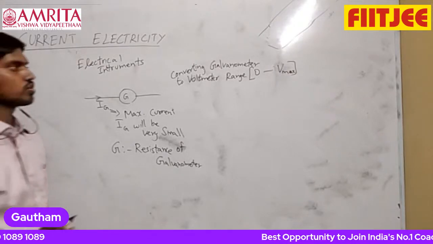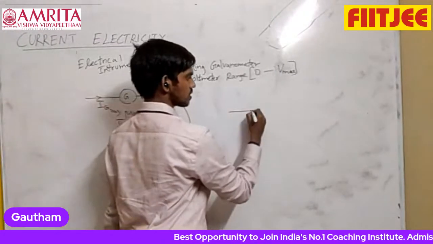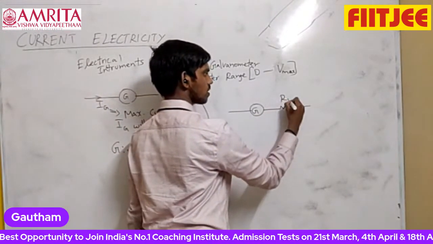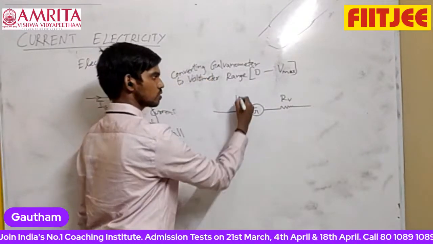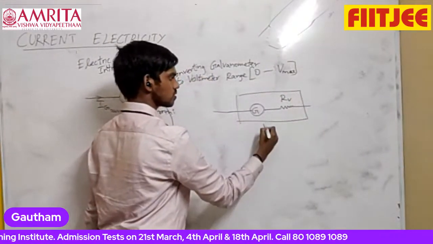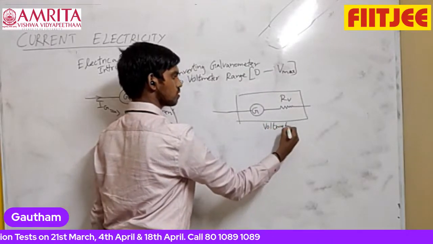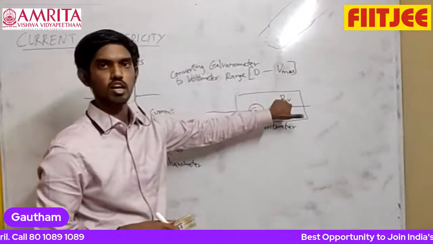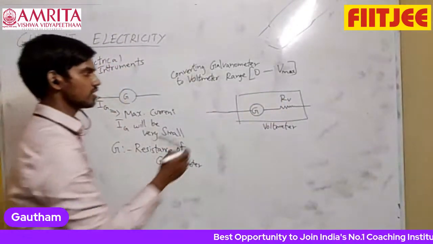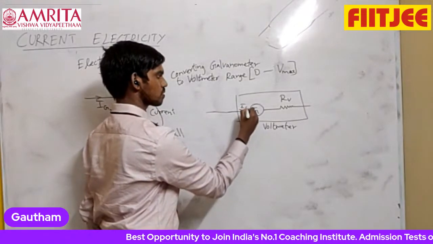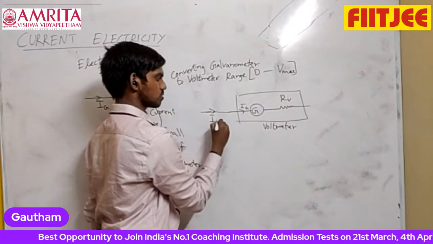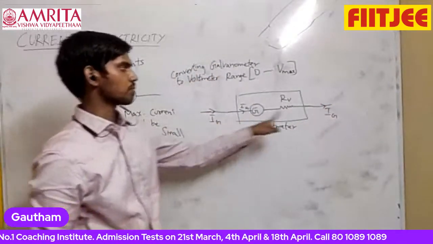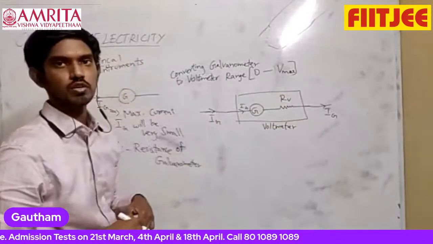So in this case, you can connect this galvanometer, and in series with that you can connect another large, high resistance. Together this box is a voltmeter. What is the equation? Now what is the maximum current that can flow through the galvanometer? Ig. So when Ig is flowing through this, this potential drop should be equal to the maximum value it can measure.